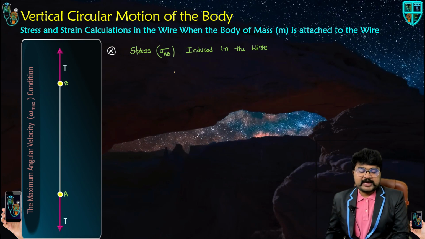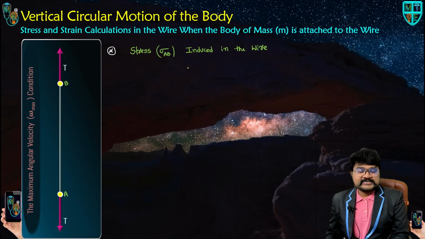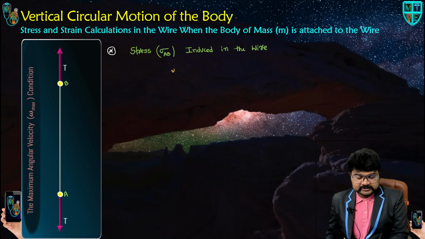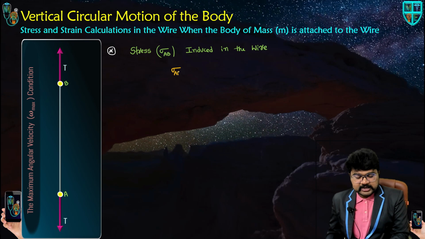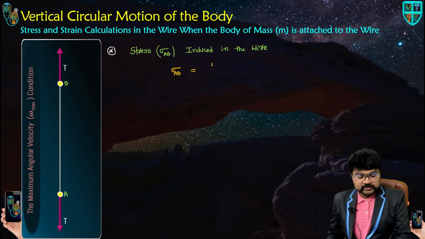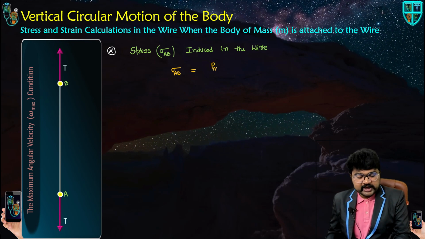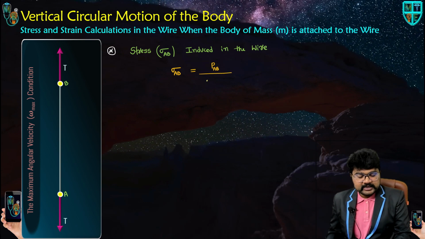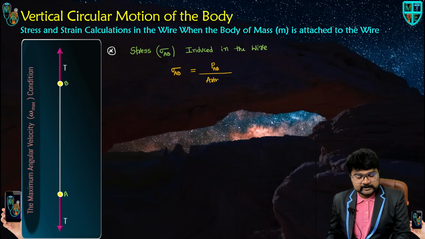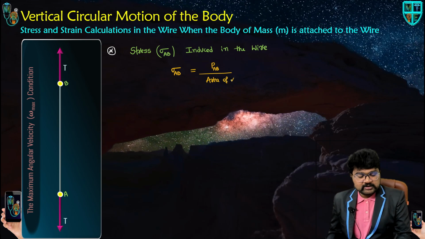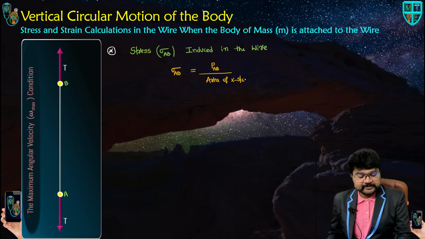Stress induced in the wire AB when the body is at top of the circular path. Sigma AB equals load acting on the wire AB by area of cross section of the wire.